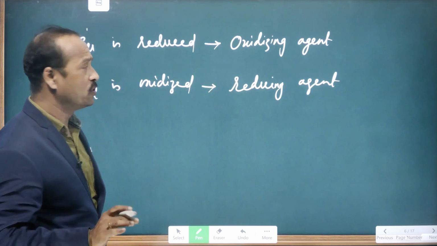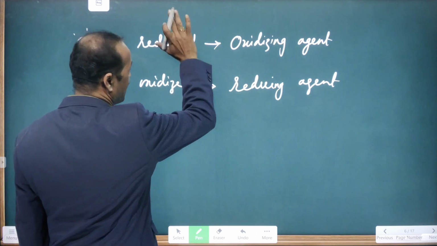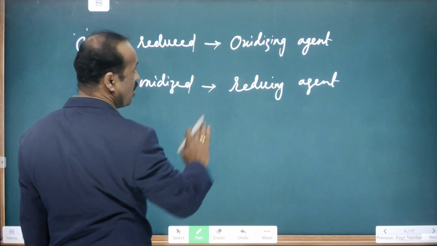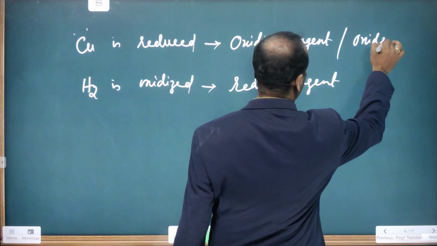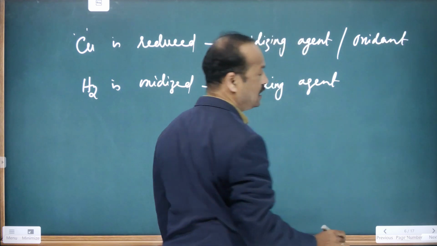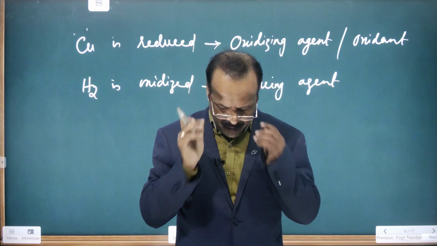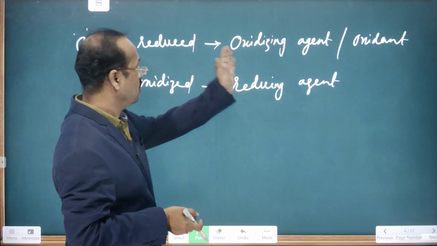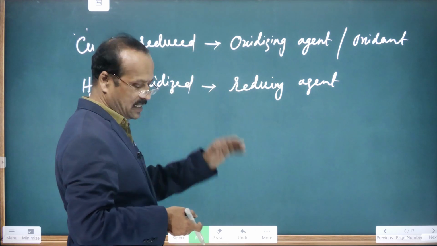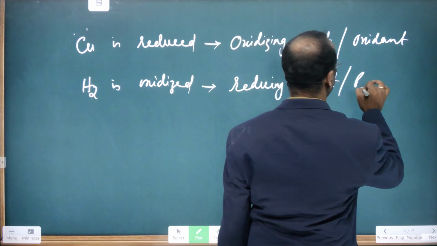So very simple to remember. The element which gets reduced is called an oxidizing agent or oxidant. The one which is oxidized is called a reducing agent or reductant.